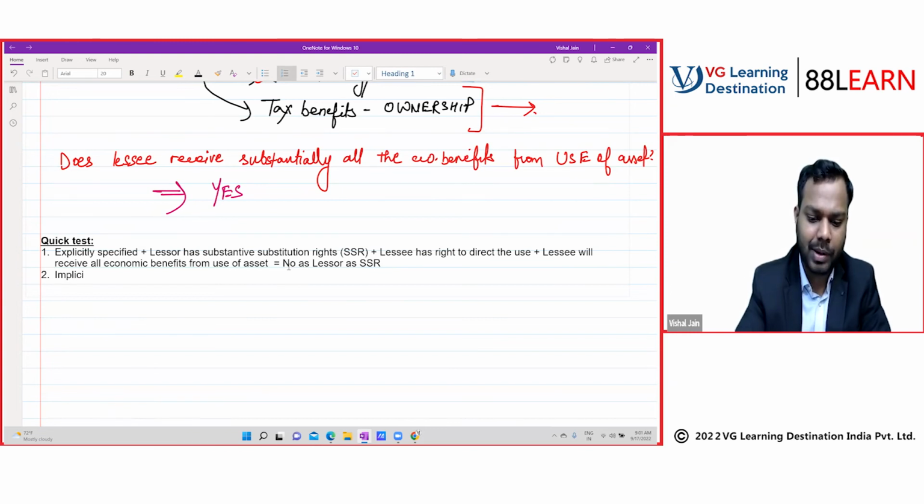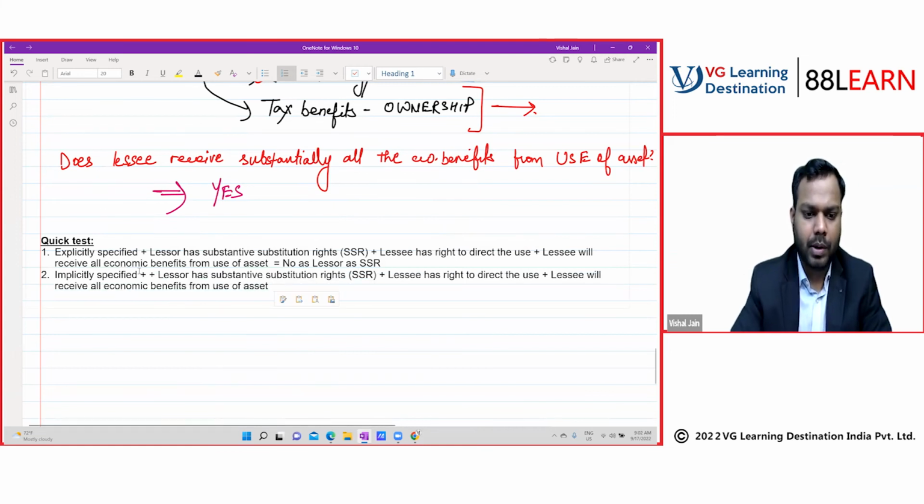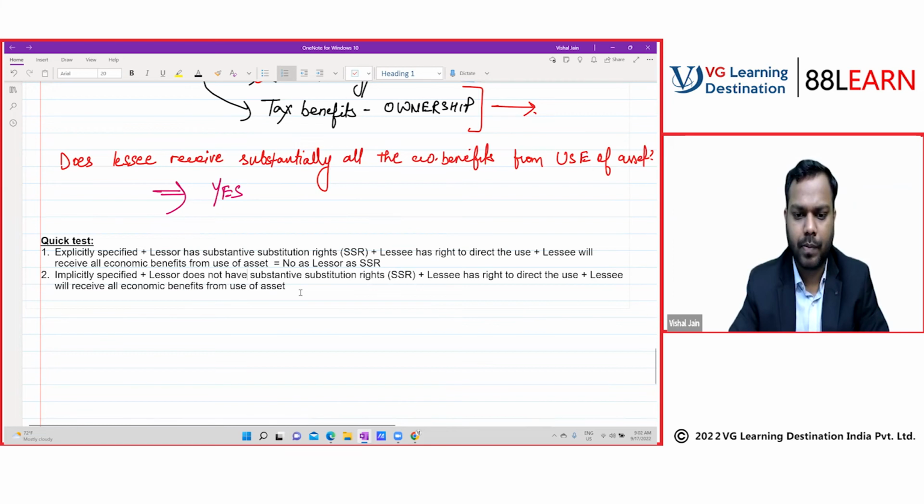Point number 2. Implicitly specified, plus... Tell me, is it a lease contract?